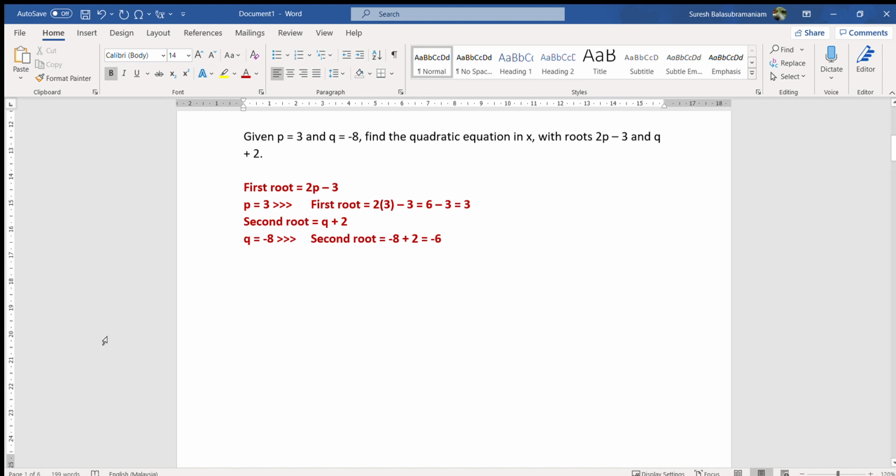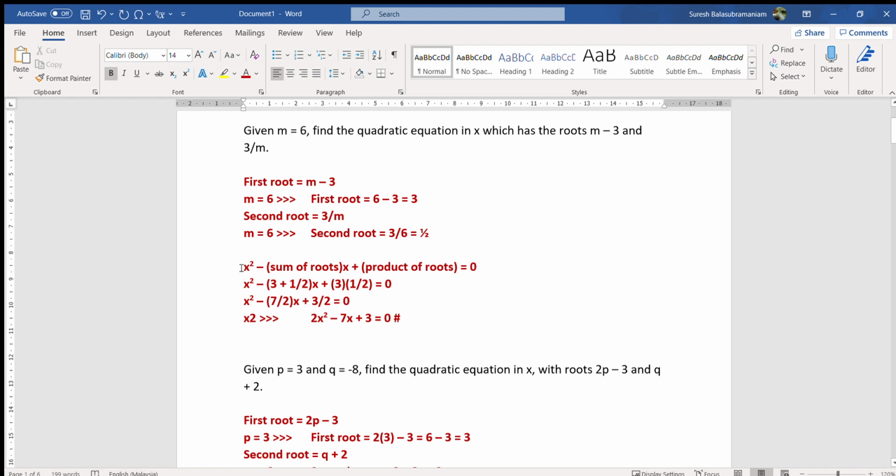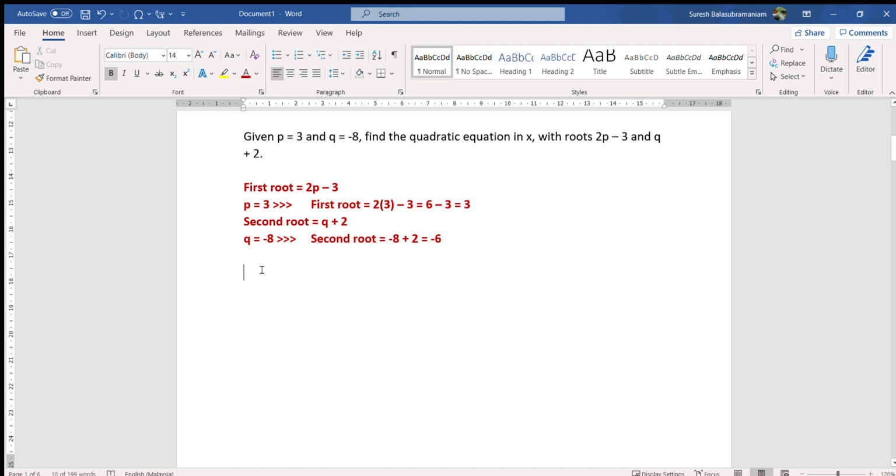Now going to the question. So I just copy this because using the same formula. So x square minus sum of the roots, x plus product of roots. So x square minus sum of roots. What are our roots? Our roots are 3 plus -6, x plus product of roots.